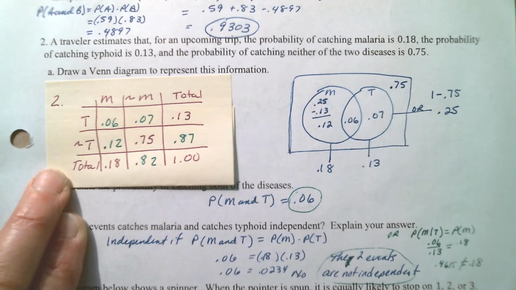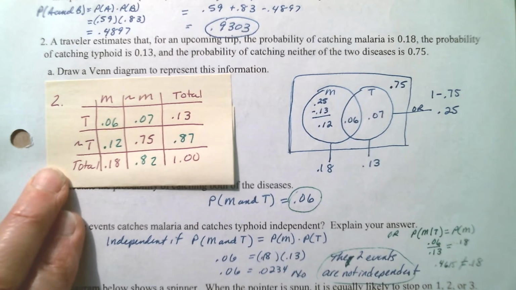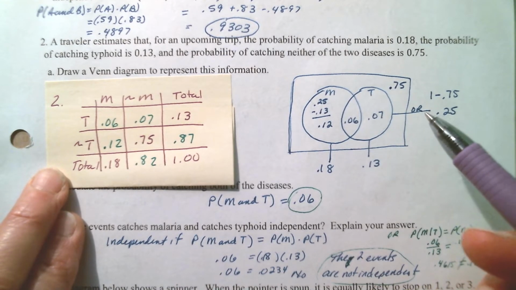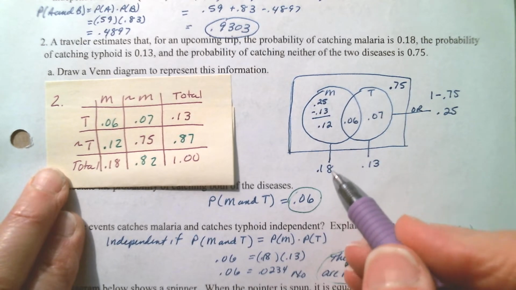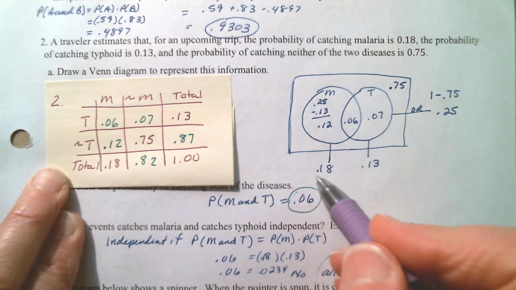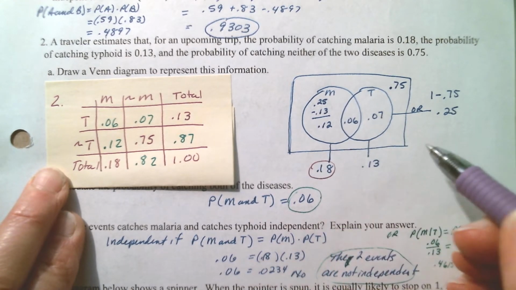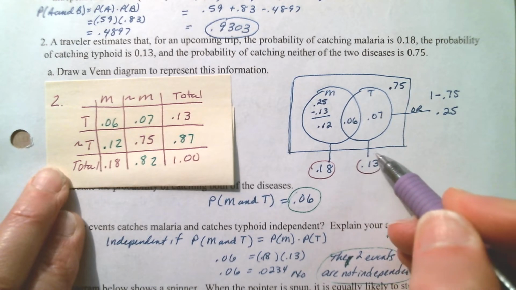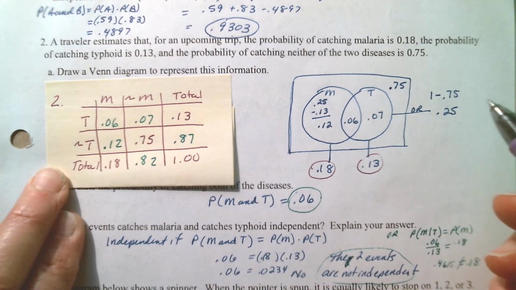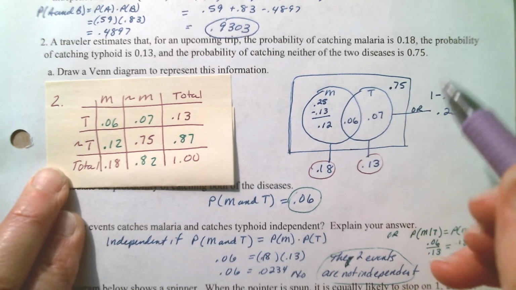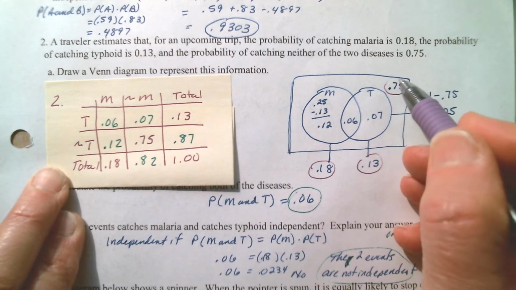Using the Venn diagram, I think it's a little more difficult actually. I didn't color code as I did with the table. So this is what we were given. Malaria, that was given, and typhoid was given, and neither, that would be outside. This was given, right?